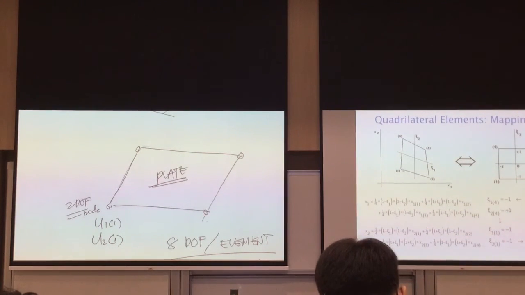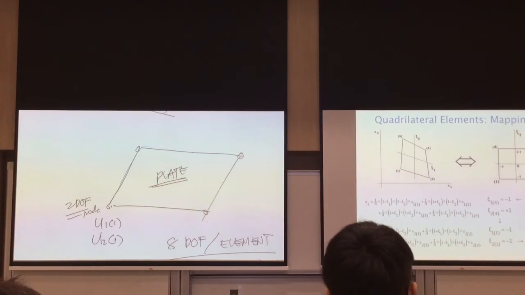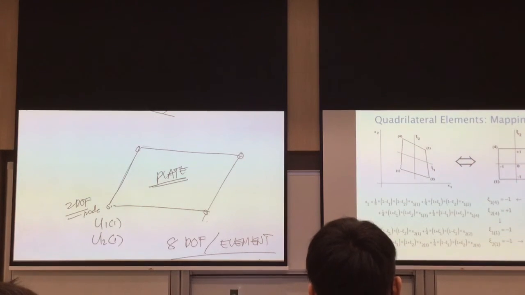As you can see, this one is your actual element, but in the computer it will read as this one here, a perfect quadrilateral, perfect rectangle, wherein you have this one to be 1, 2, 3, and 4. So this one will be from -1 to +1, -1 to +1.